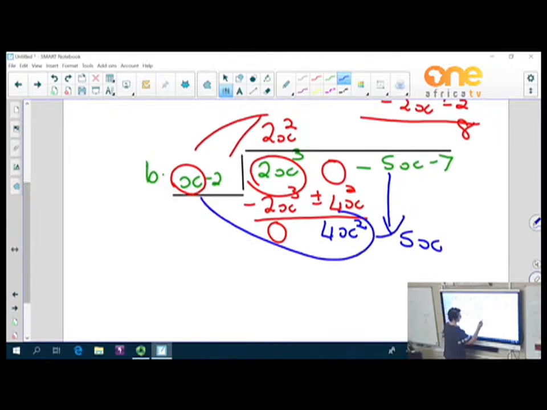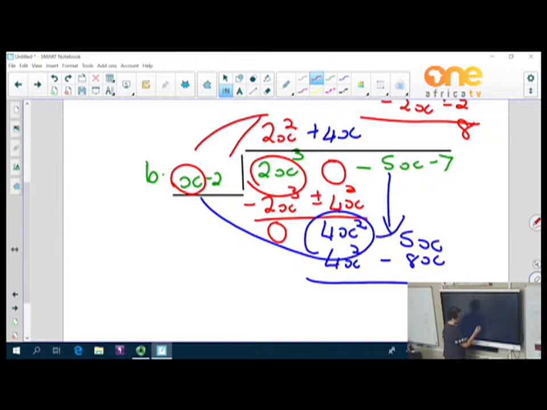So we divide again. So that will be positive 4x times multiply. Then you have 4x squared minus 8x. And we subtract, so we change the second signs. 0. Negative 5 plus 8 is then positive 3x.